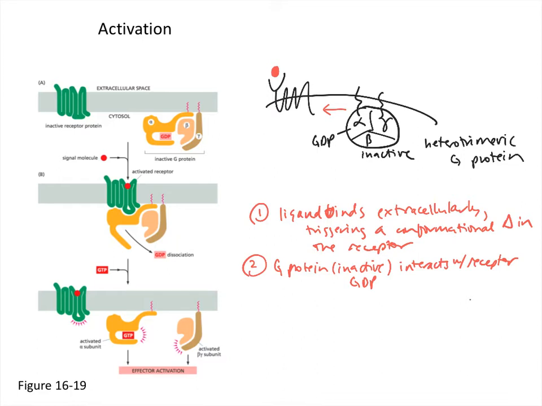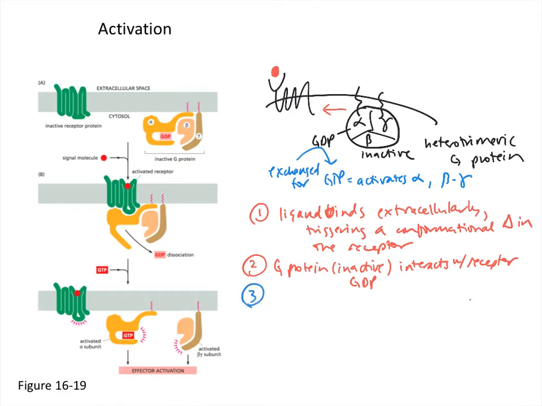And then GDP is exchanged for GTP, which activates the alpha subunit, as well as beta and gamma.